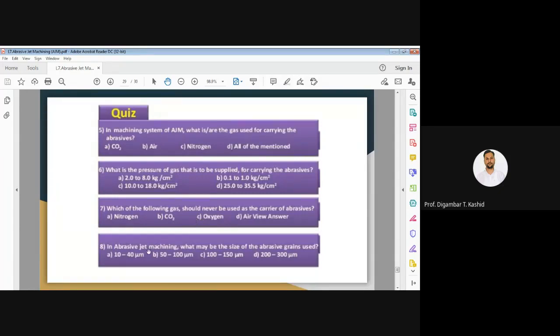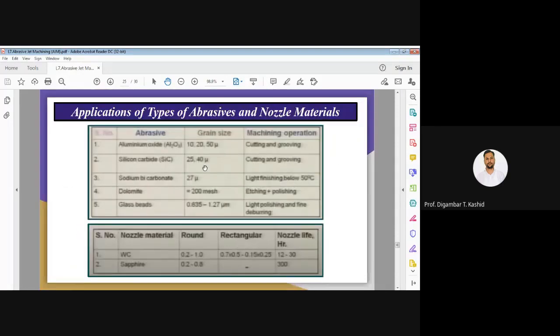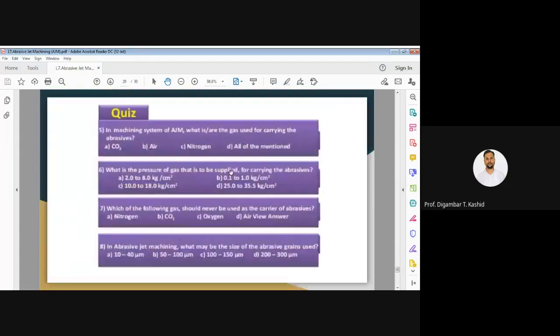Then in abrasive machining, what may be the size of the abrasive grain used? Here I have shown grain size. It is in microns, so up to 5. I think option A or B. A is correct, up to 40. But again, this value may change with respect to the type of workpiece, or with respect to which type of machine operation you need to carry out.